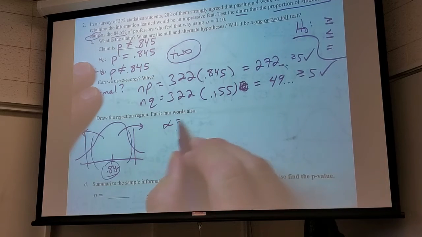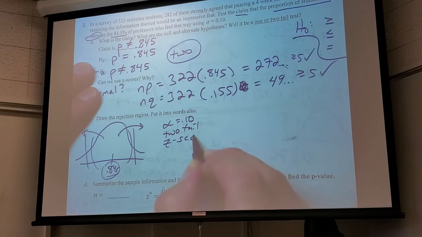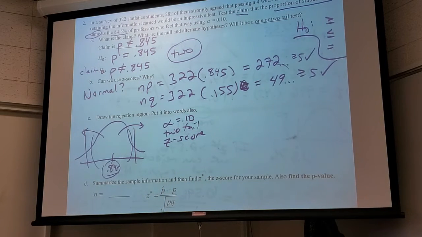So it's 0.10, 2 tail, z-score. Can you look that up? Alpha's 0.10, 2 tail, z-score. Can you guys look that up? And of course, you're not looking at the t-score chart, right? No. Good. 1.282. Did you look at 1 tail or 2 tail?